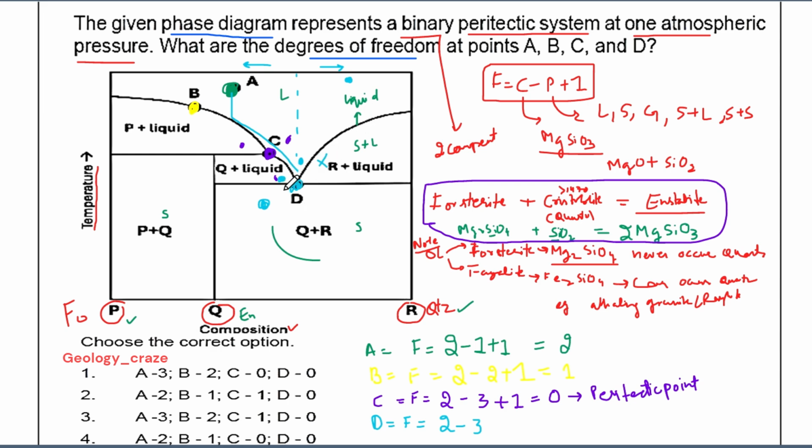If we start from this one, at that time we will not add this one. We will not have quartz plus liquid, because we are not getting quartz plus liquid. So we will get 1, and we are getting 0, and this point is the eutectic point.